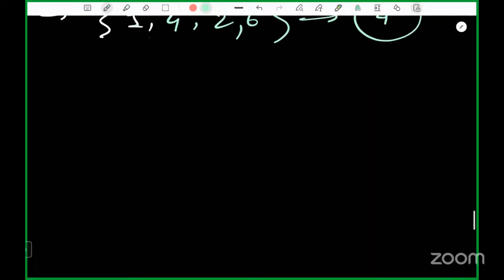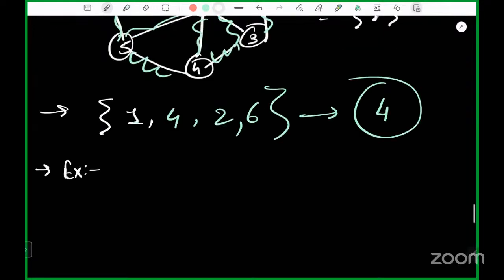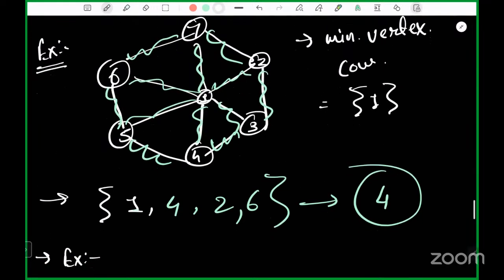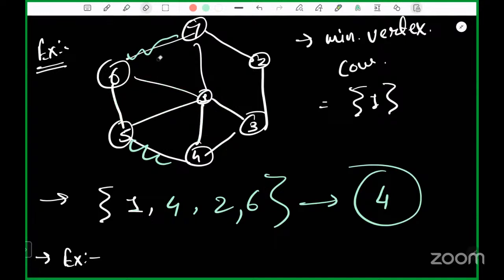Okay, I'll take one more example. Someone asked: in this graph, instead of taking 1, if I take 6 and 3, then everything will be covered?